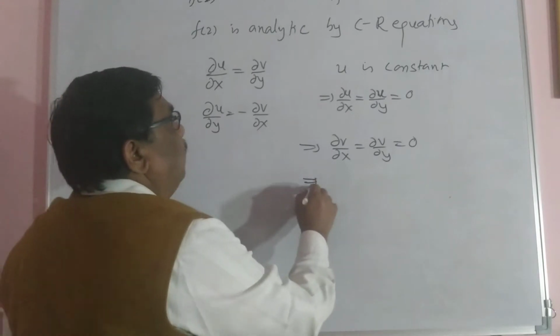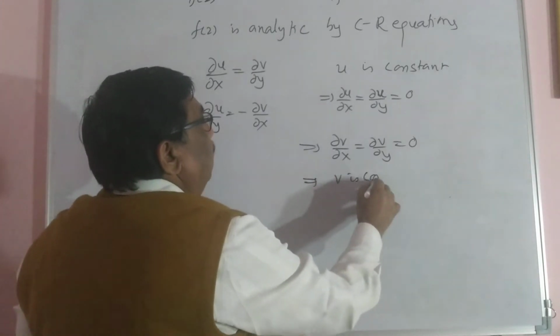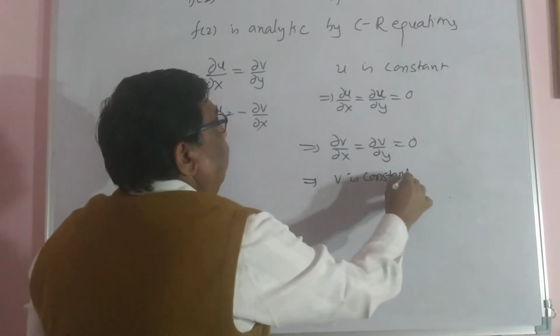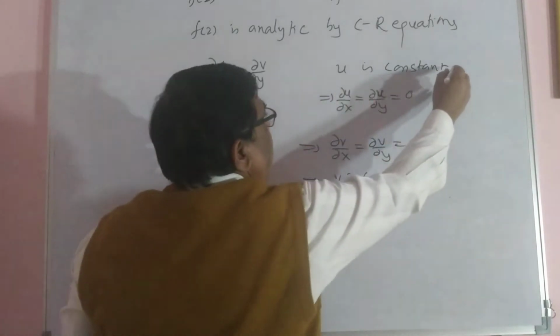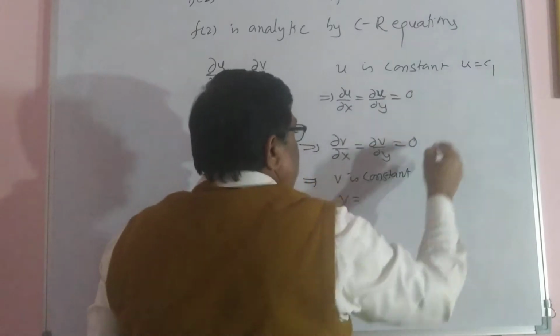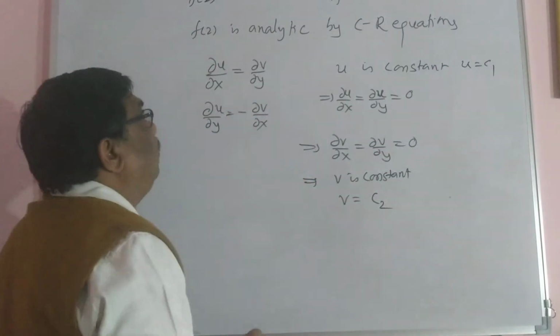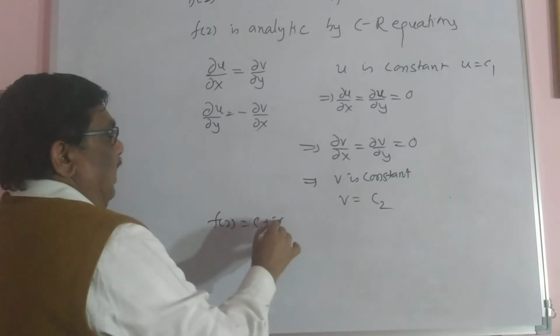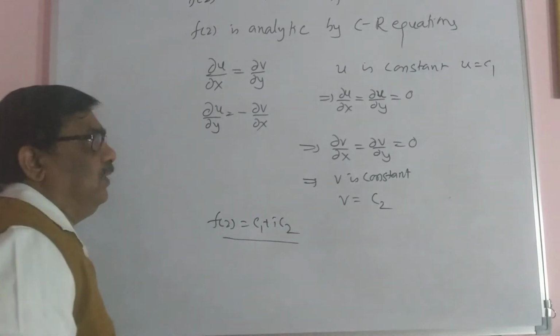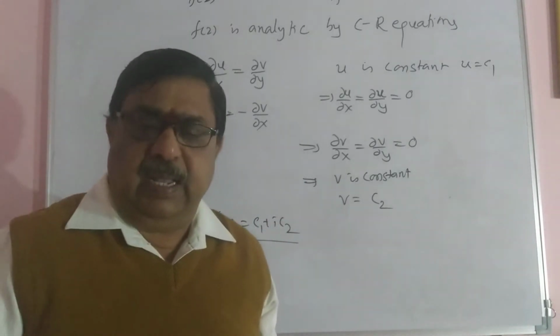This implies v is constant. If I take u equal to c1 and v equal to c2, then f of z is equal to c1 plus i c2. This is one of the theorems, a simple theorem for 2 marks.